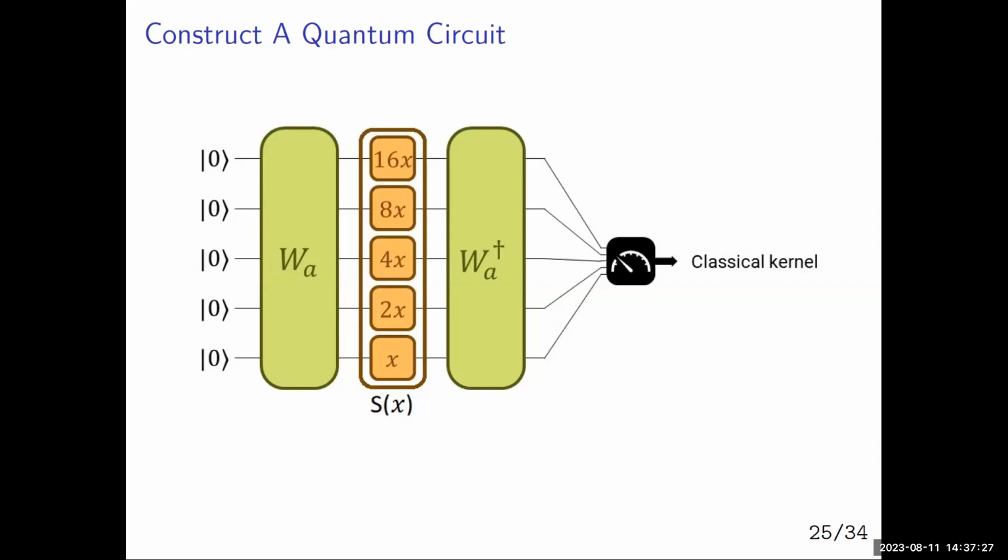And when you measure, do you measure in the computational basis? Computational basis. It wouldn't make sense because you said the problem is negative numbers. You have to split the kernel into positive and negative, and at the end, add it again.